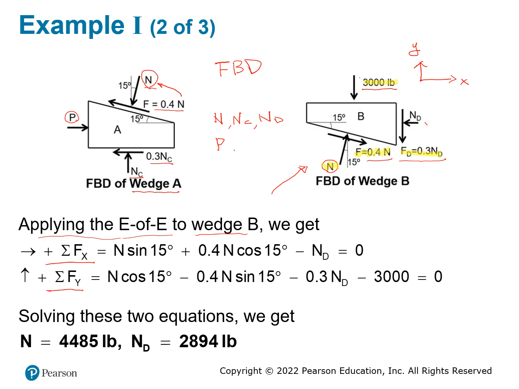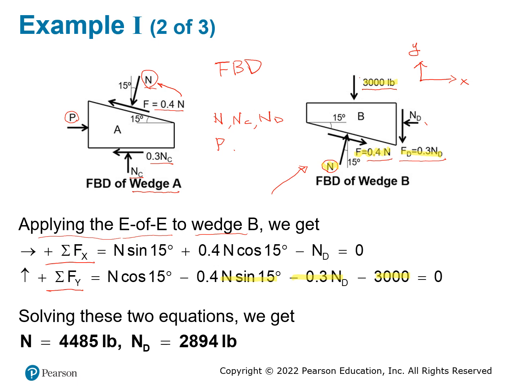So you have 3,000 right here, minus 0.3 n times d, yes. And then we need to find a component of the n in the y direction, which will be the sine, because the angle is 15 degrees, so you have n sine 15 degrees.